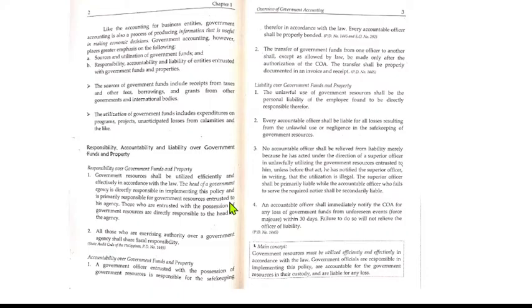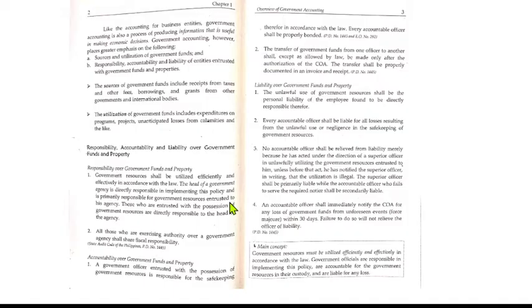Kaya nga, merong mga yung property custodian, so merong mga accountability reports. Kumbaga, bawat isang government employee, kung binigyan ka ng personal computer or laptop, merong codes na naka-indicate diyan.